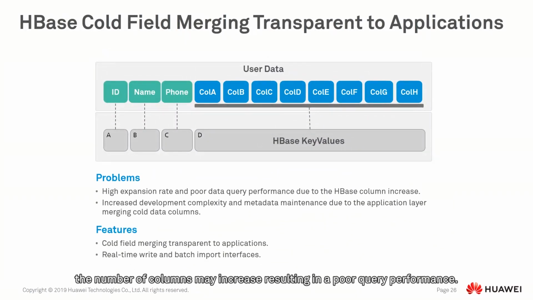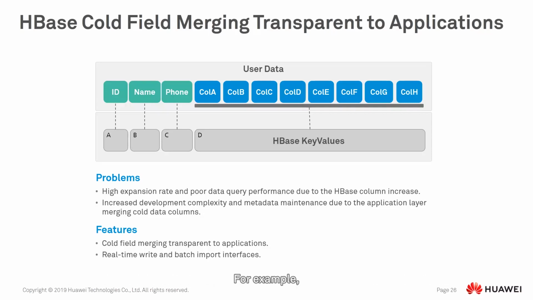In HBase, the number of columns may increase, resulting in poor query performance. So in order to improve query performance, we need to merge some code fields, which means some columns with data that is accessed infrequently by the application. For example, we have a table of user data like this, with columns ID, name, phone, and other code fields.